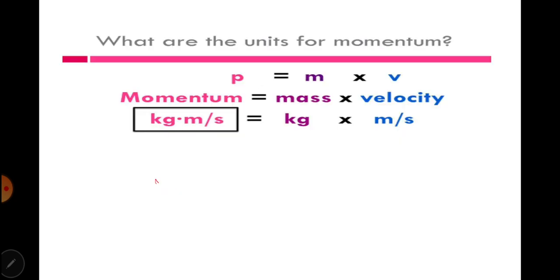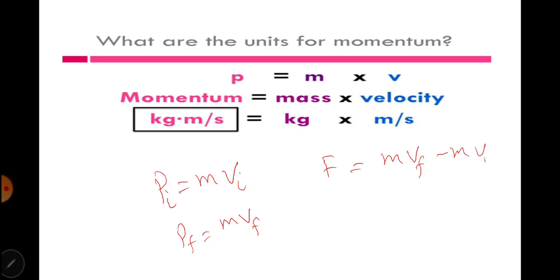Now p is equal to mv, so pi is mvi, pf is mvf, so F is equal to mvf minus mvi divided by del t.